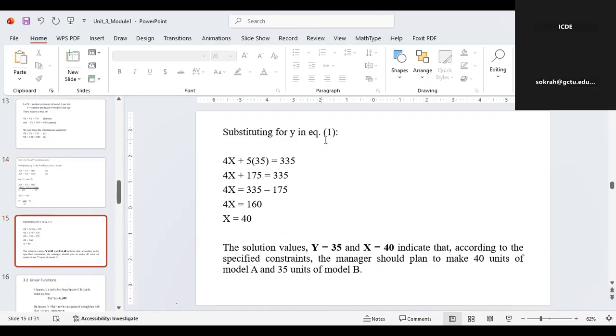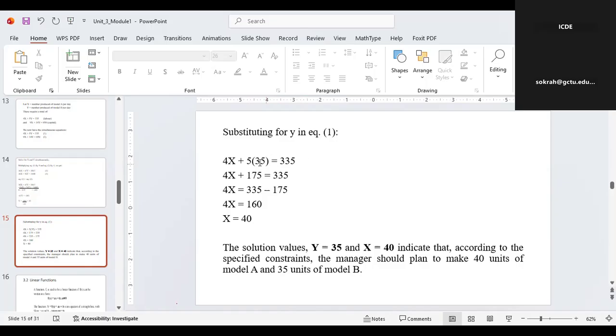So I went back to equation 1, and substituted 35 for y and solved for x. It became 4x plus 5 times 35. That was 5y. Now y is 35, so I replace y by 35 and equated to 335.